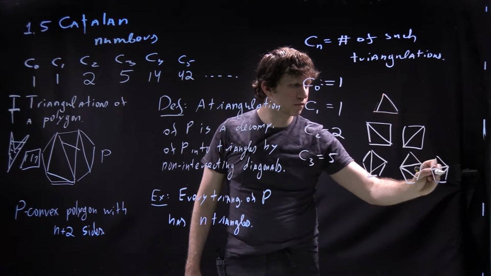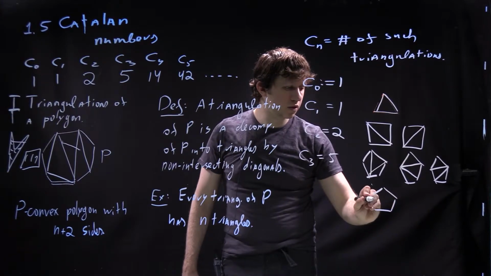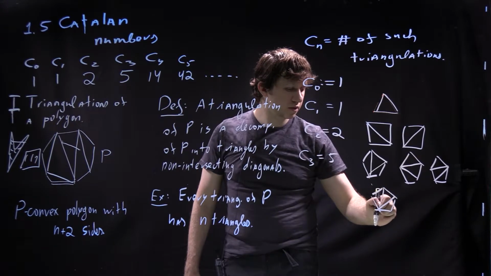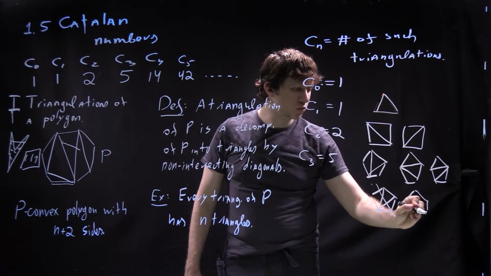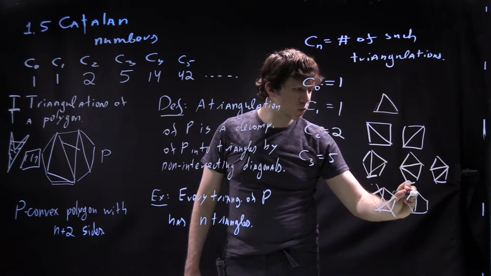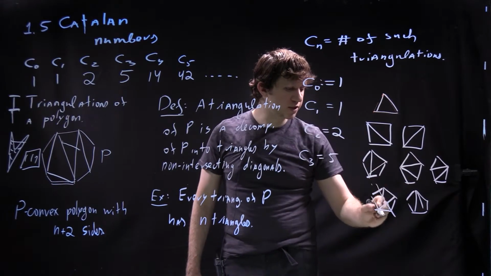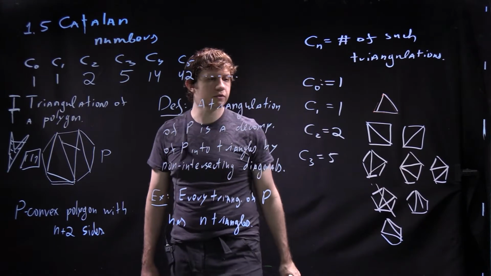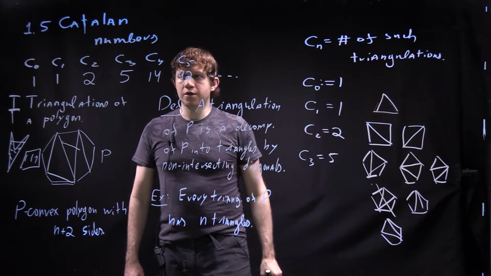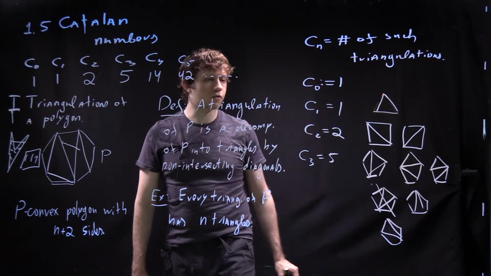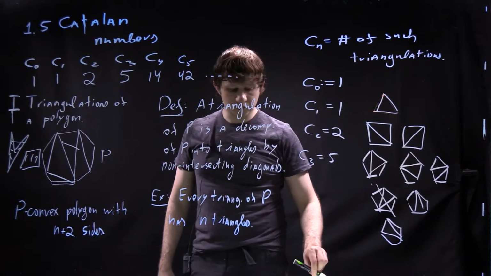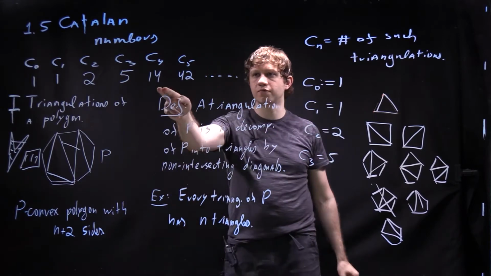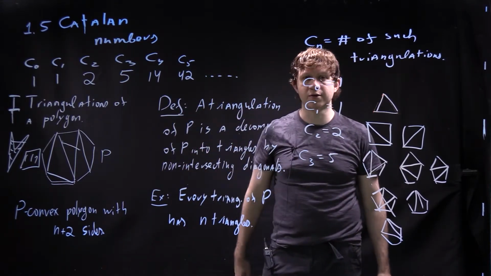So these are 5 triangulations. As I said, C4 equals 14, and this starts to be a little bit more tricky. So let me now erase all of that, and I will compute C4 and C5, and then we'll see the general pattern.